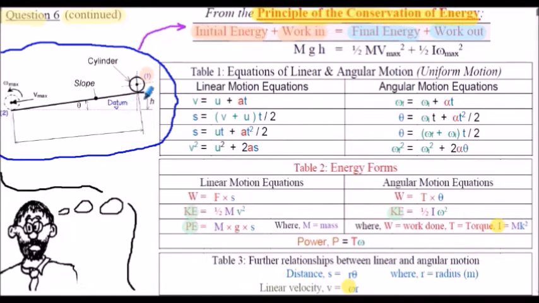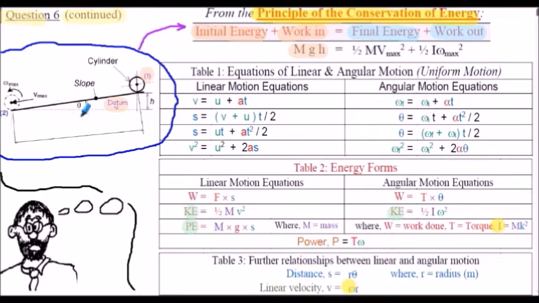So by definition, there will be no kinetic energies of linear or angular motion. But because our datum is placed at the bottom of the incline, we will have potential energy. So on the left-hand side, we have the mgh term. We're informed in the question that the wheel and axle rolls freely down the incline, so therefore there are no external forces or torques applied to the wheel and axle, so there's no work into the system in this case.